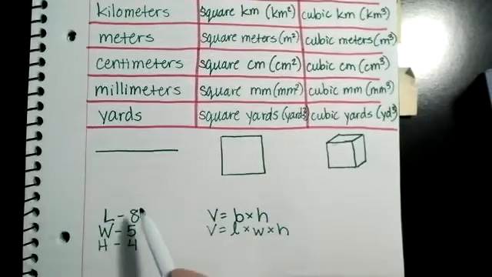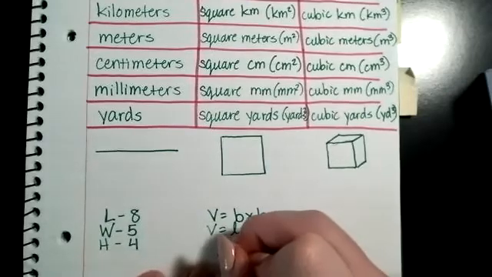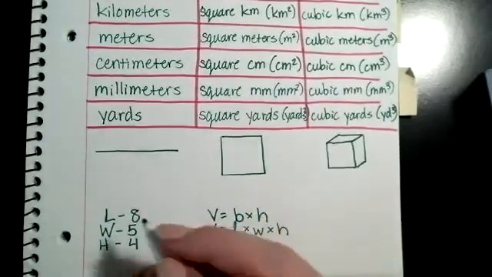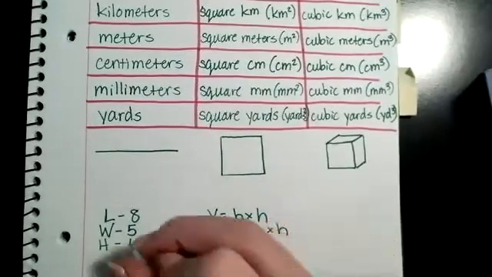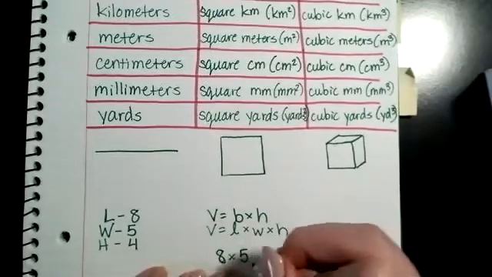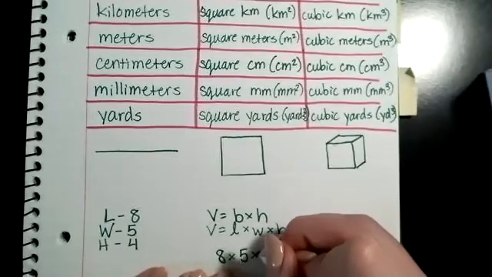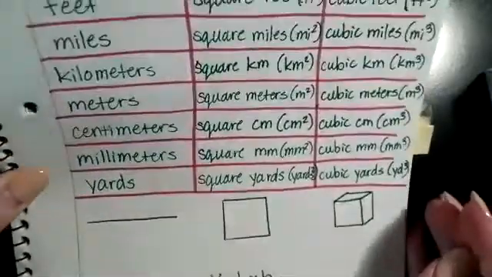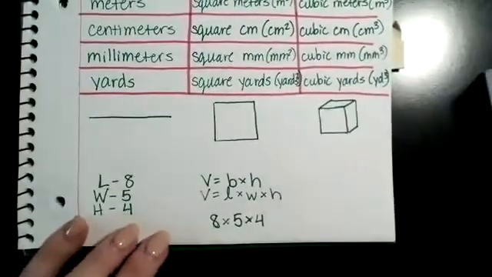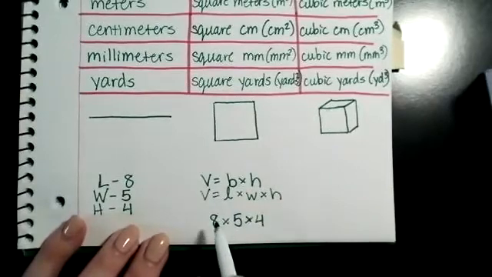All right, so let's plug in our measurements here. Our volume should be length, which was 8, times width, 5, times height, 4. Let's see, 8 times 5, I know that is 40.